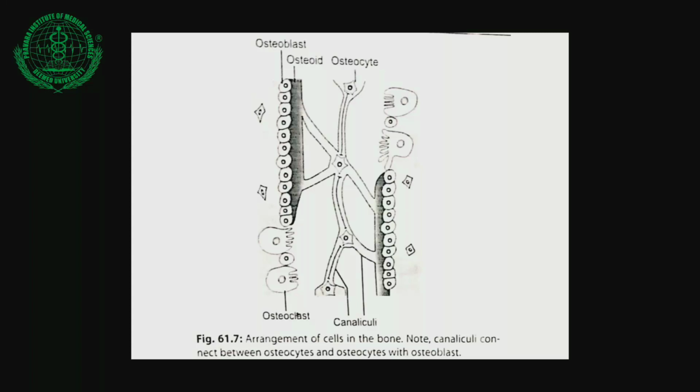Slowly the osteoblasts are surrounded by osteoid. The osteoblasts surrounded by mineralized osteoid gradually lose their ability to form bone, and they become osteocytes.